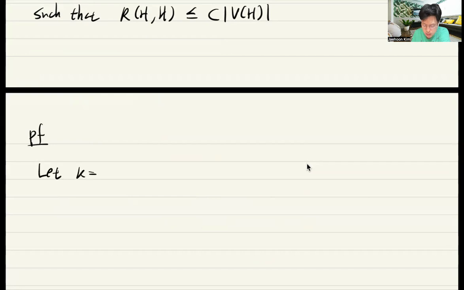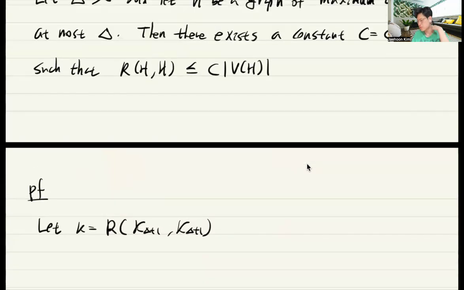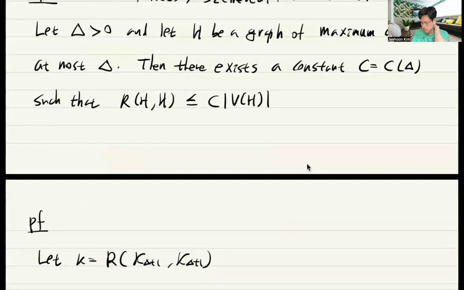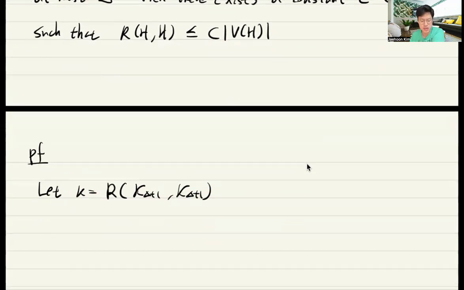So let k be the Ramsey number R(k_{delta+1}, k_{delta+1}). Remember this delta is a constant, and this C is a constant depending on delta. And this is also a constant depending on delta. So when we define C, we can use k.